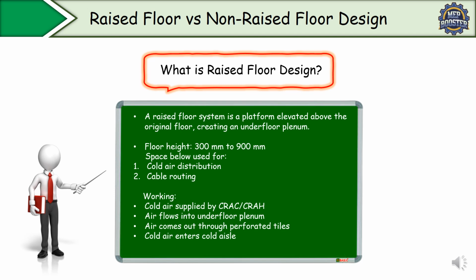Okay, the cold air is directed specifically to the front of the server. Then finally the server takes air in and rejects heat. Okay, servers take cold air in and reject hot air from the backside. So this hot air goes to the hot aisle and returns to the AC unit. So in this way the raised floor design works.